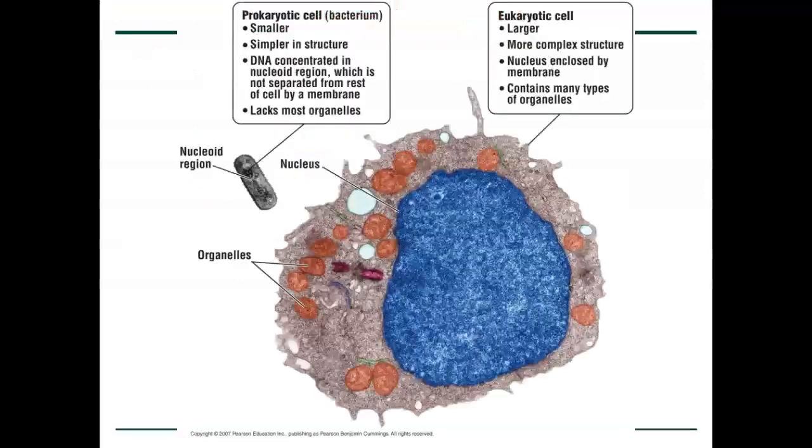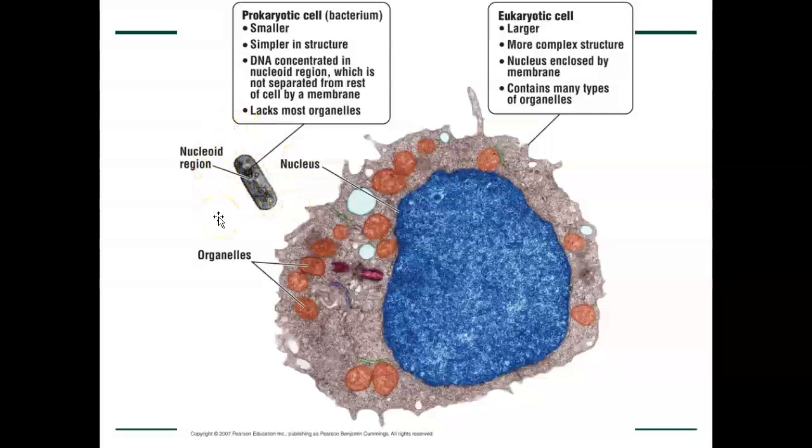So on this slide, we have the main differences between prokaryotic and eukaryotic cells. You can see my cursor here. Obviously, this is much smaller. So prokaryotic cells, bacteria, are much smaller. Eukaryotic cells are larger. Prokaryotic are simpler, and they lack most organelles. They also do not have a nucleus.